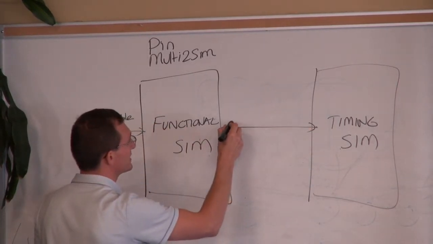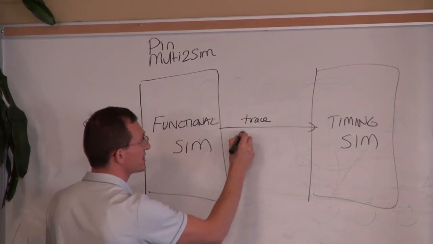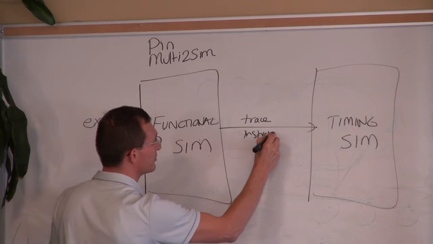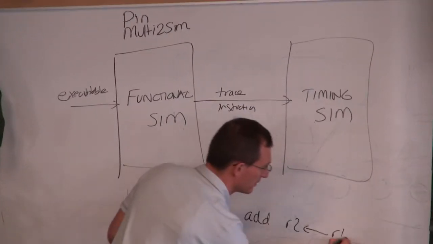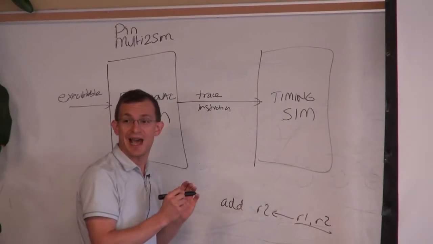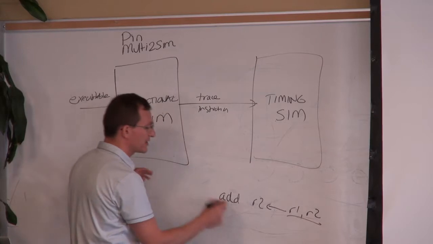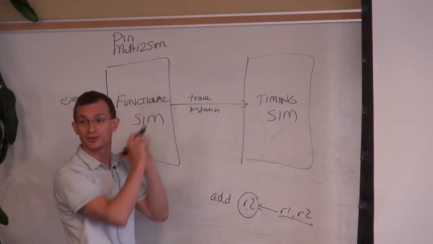You can actually get a trace out of this functional simulator, or you can get an instruction out of the functional simulator. You do an add, let's say, R2. Basically, it models the execution of this add. You can execute the add, and it tells you that R2 will have this value, right?